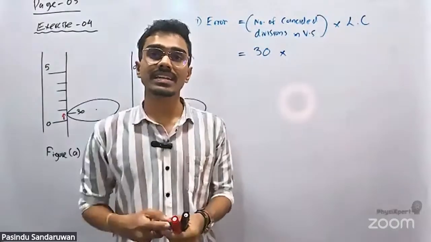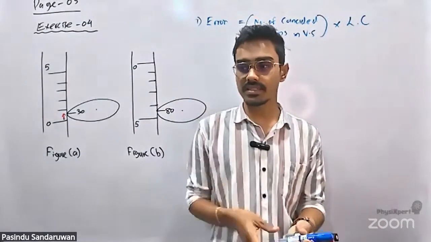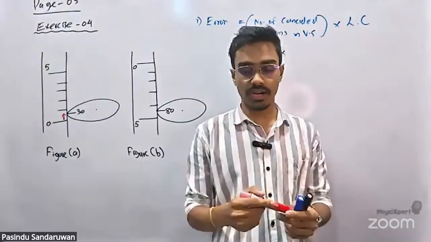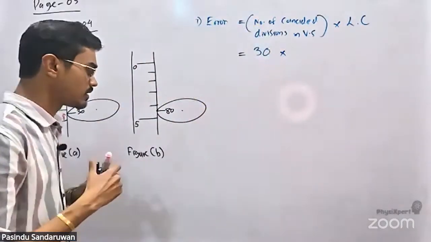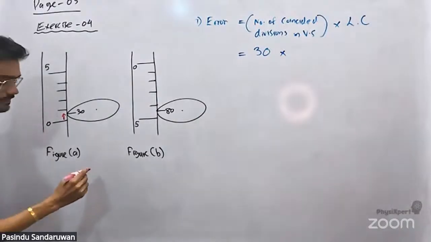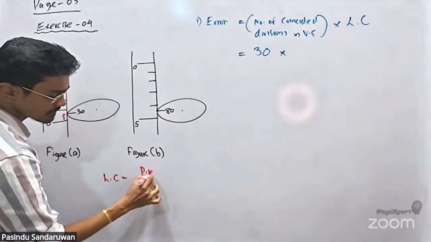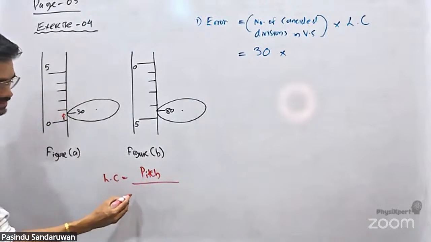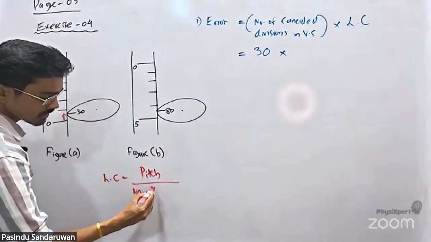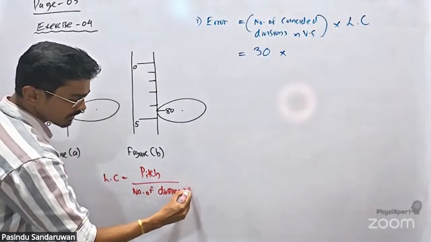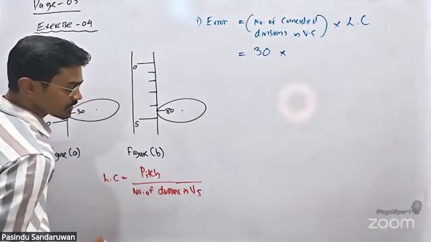We proved the least count of a spherometer last day, right? If there's anyone who can't remember, this is how the least count of the spherometer is proved. Least count can be written as pitch over the number of divisions in the vernier scale, right?